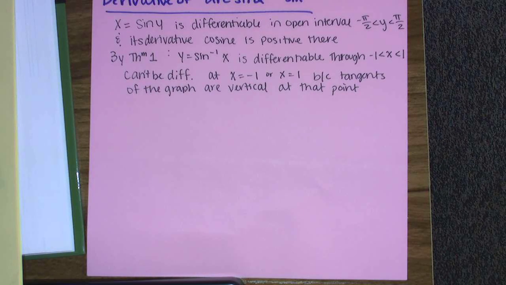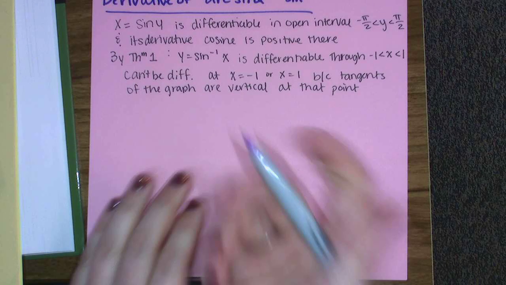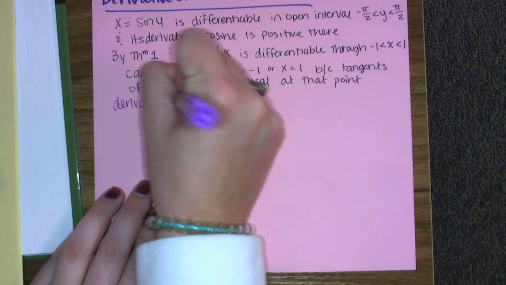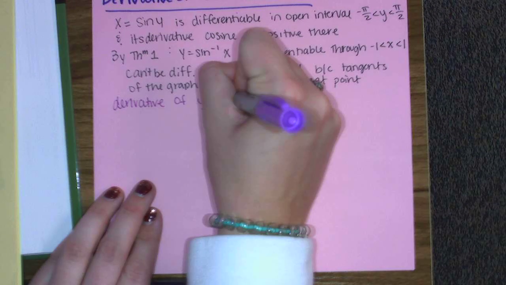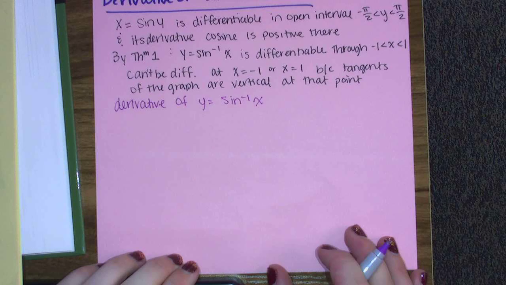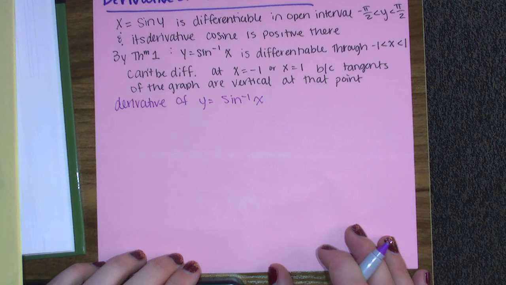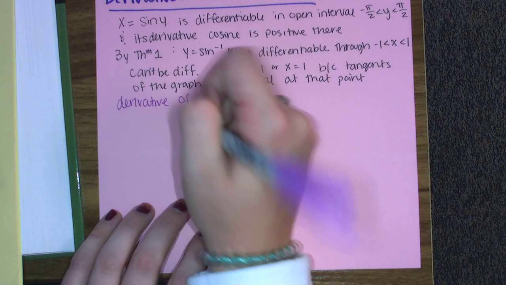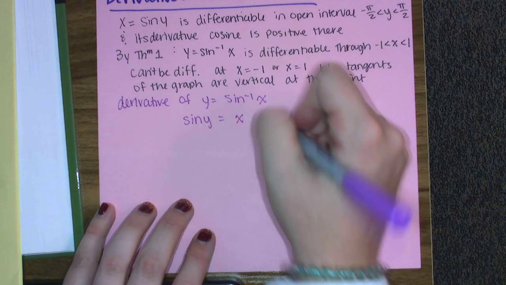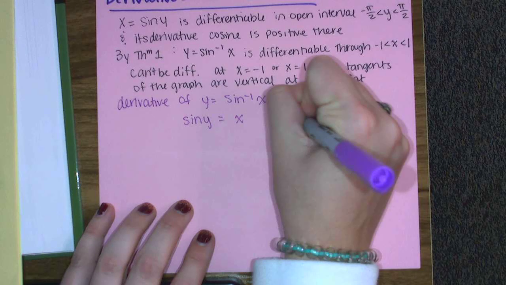So then actually getting into the derivative of y is equal to the arc sine of x. We can say the sine of y is equal to x, because of the inverse relationship.